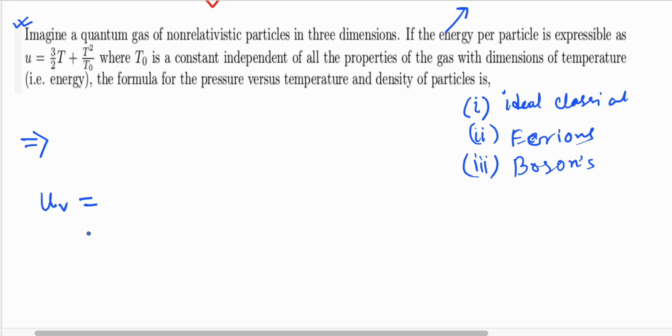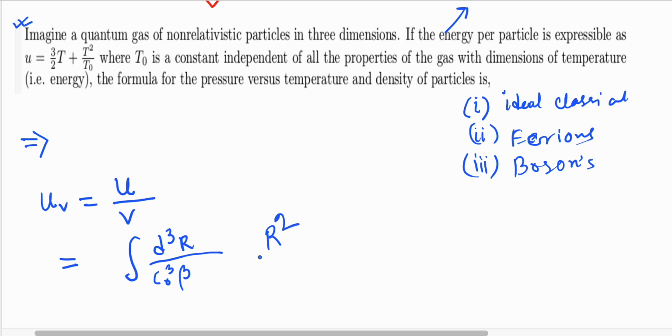So you can write the energy per volume, that means total internal energy per volume, the energy density, as an integration of d cube r by lambda0 cube beta r square e to the power r square e to the power minus beta mu plus q.